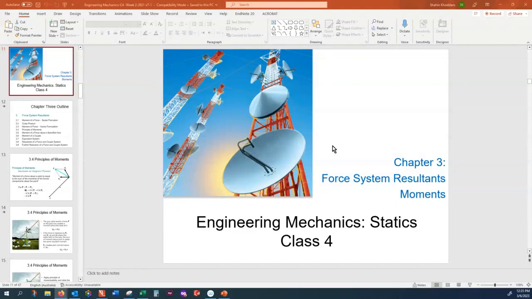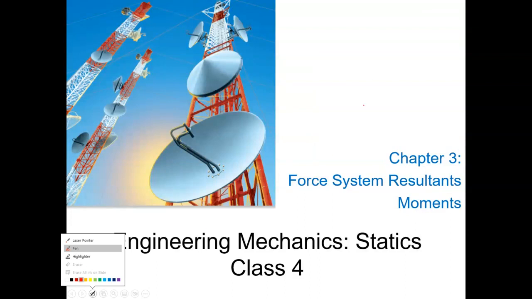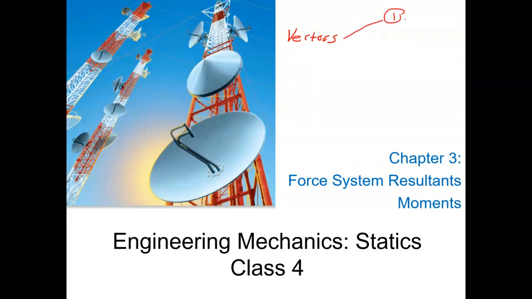So the second member of this family, the first member was position vector. Let me make a simple chart for you, to outline that we have started with the vectors. The first member is position vector. The second member is force.